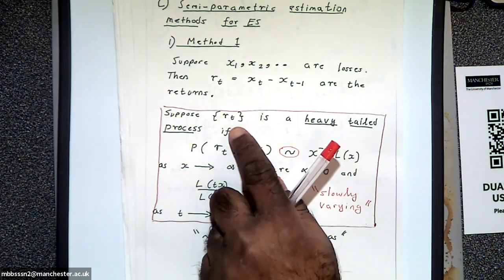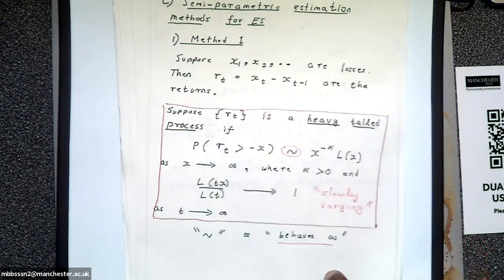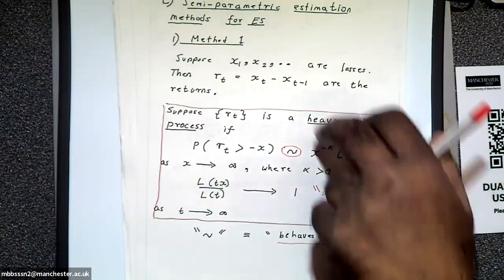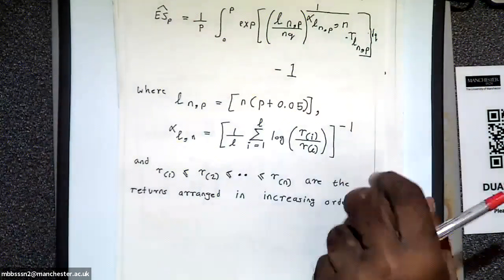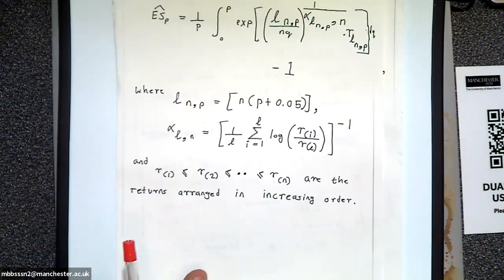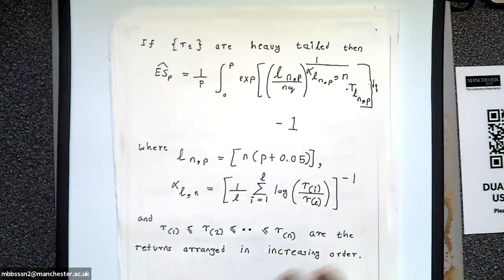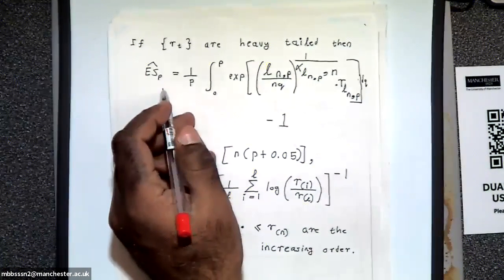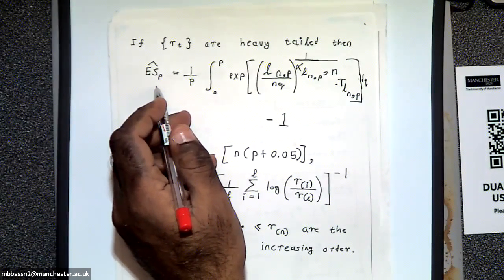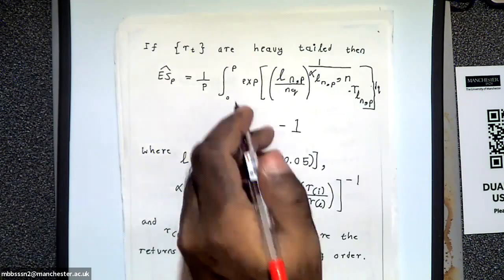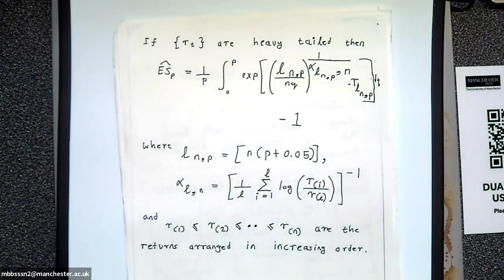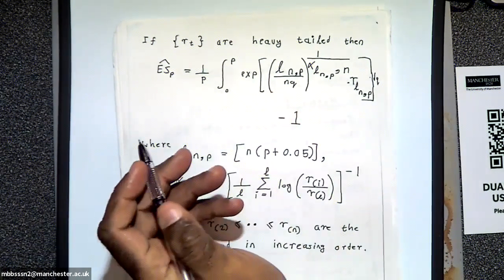So suppose RT satisfies this, then, go to the next page. If RT is heavy tail, then the estimator for expected shortfall is given by this complicated form. Again, my apologies for that.